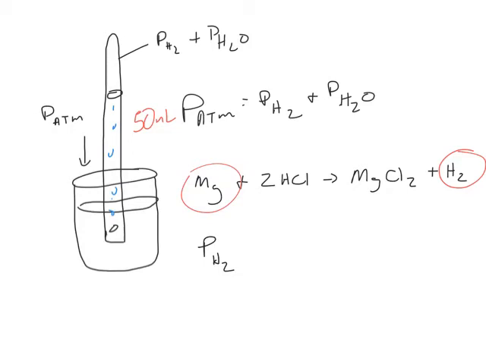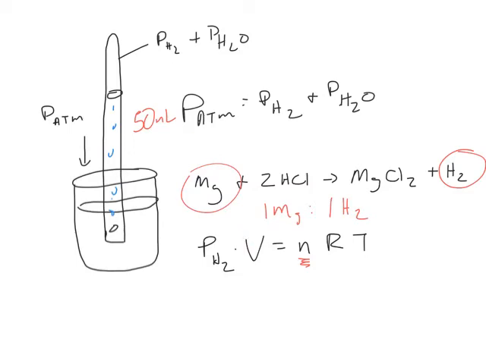Plug that into the ideal gas equation to figure out how many moles of magnesium you can use. You should notice that the stoichiometry here is 1 magnesium to 1 hydrogen. So when you solve for the moles of hydrogen, that also equals your moles of magnesium, and the volume that you'll be using is our maximum volume here, 50 milliliters.